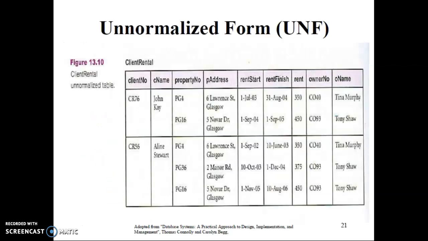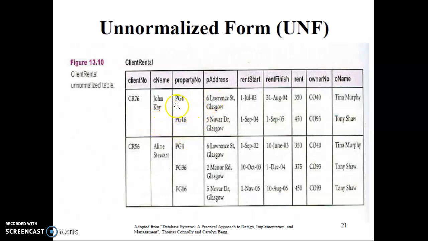What is a repeating group? In this table, for example, there are multiple values at the intersection of certain rows and columns. For example, there are two values, property numbers PG4 and PG16, for the client John Key.